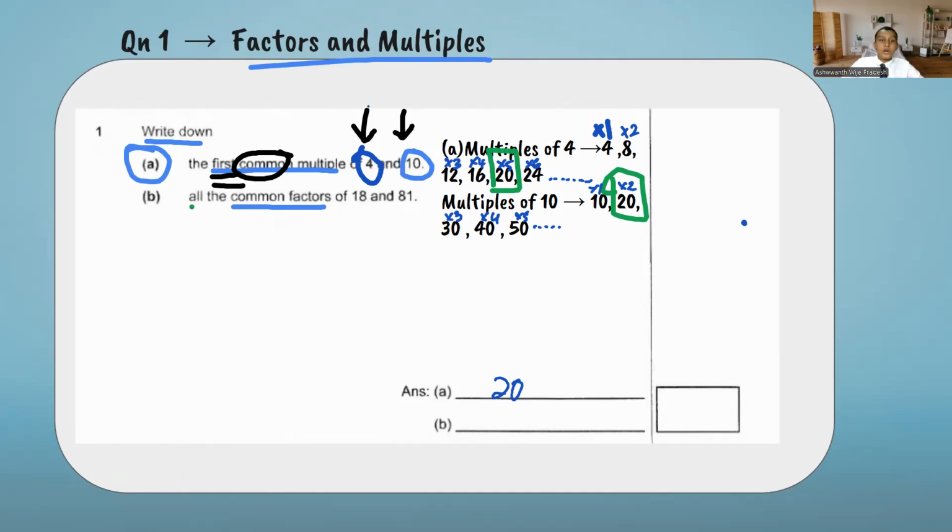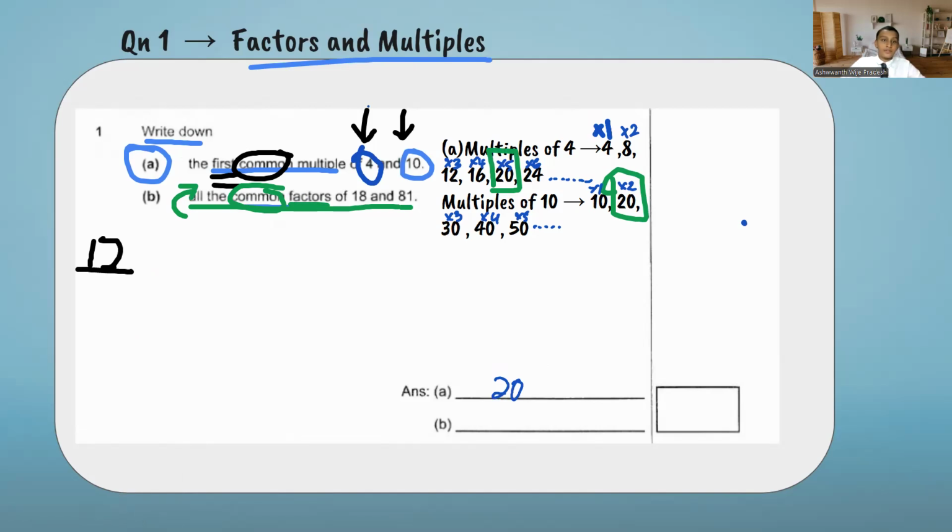Now let's look at part B. Write down all the common factors of 18 and 81. So we already know what common means from the previous question. What do factors mean? Factors are numbers that, when you multiply them, you get a bigger number. So let's take an example, 12.